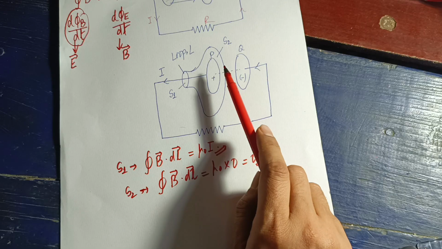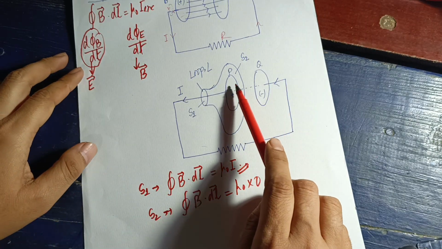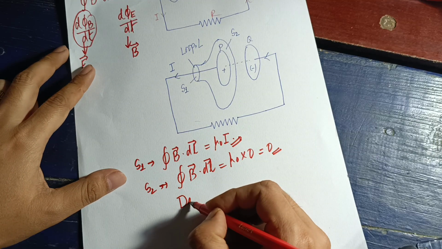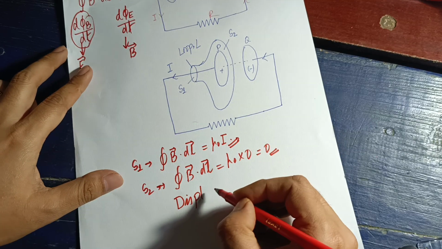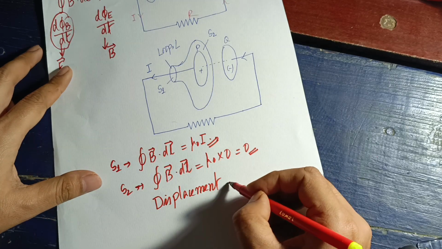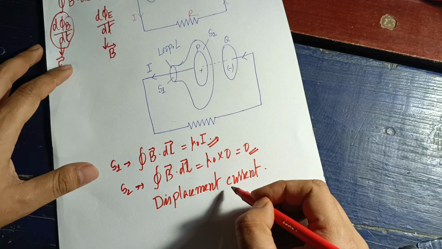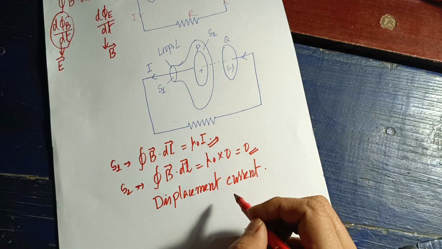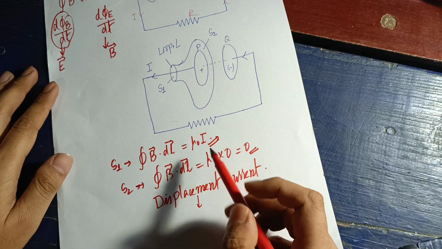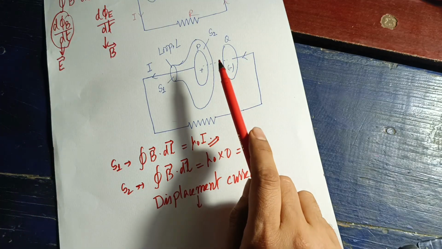So the origin of the magnetic field between the plates of the capacitor is nothing but the displacement current. This displacement current is not a physical current, but it is a term which arises due to the changing electric field or electric flux between the plates of the capacitor.